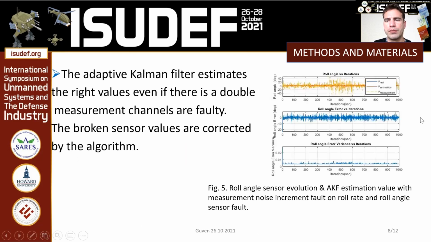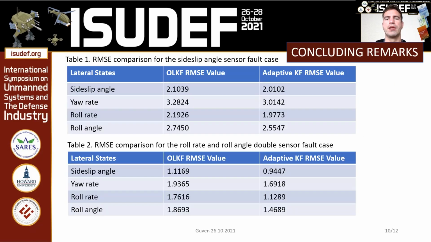Here you see that the roll angle measurement channels are faulty. The fault type is measurement noise increment fault, and the Kalman filter estimates very good results. Broken sensor values are corrected by the algorithm.